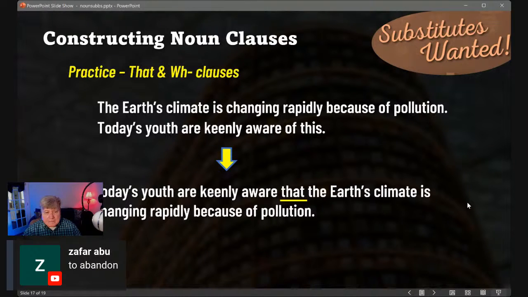Another thing that this particular combination helps you avoid, as a lot of untrained writers would write something like, the fact is, today's youth are keenly aware of the earth's climate changing rapidly because of pollution.